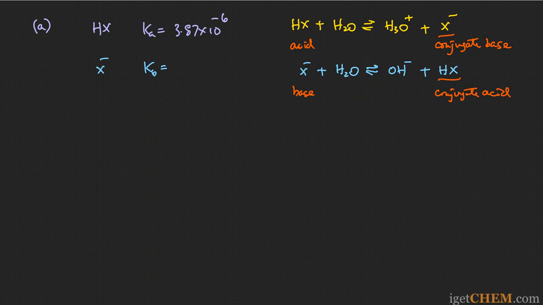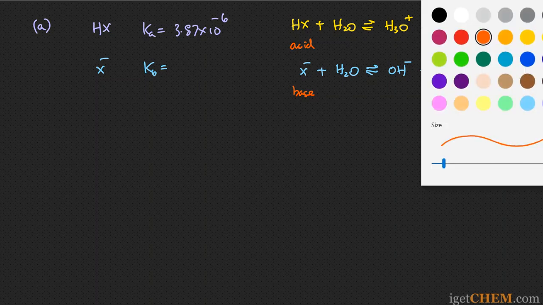So in this case, what we really want to do is to calculate the value for Kb given the value for Ka of its conjugate acid.